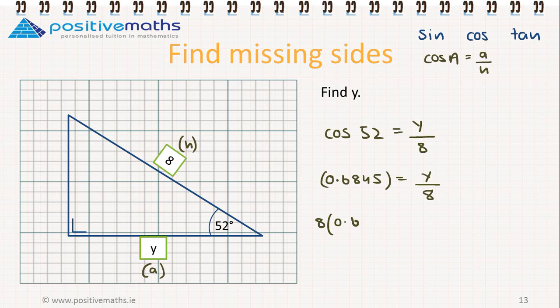So 8 times 0.6845 is going to be equal to y. So when we multiply those, we're going to get 5.4764. So there we found the length of y. Again, if we were asked to give it to 2 decimal places, then y would be 5.48.